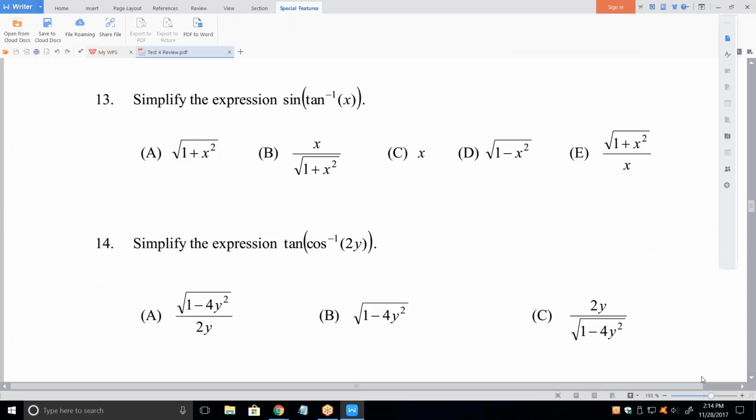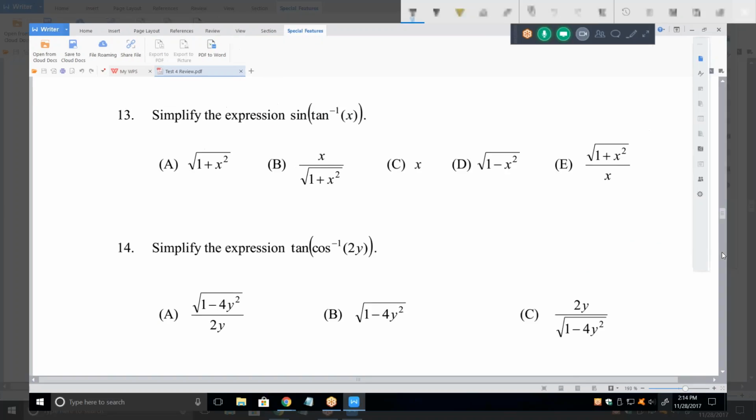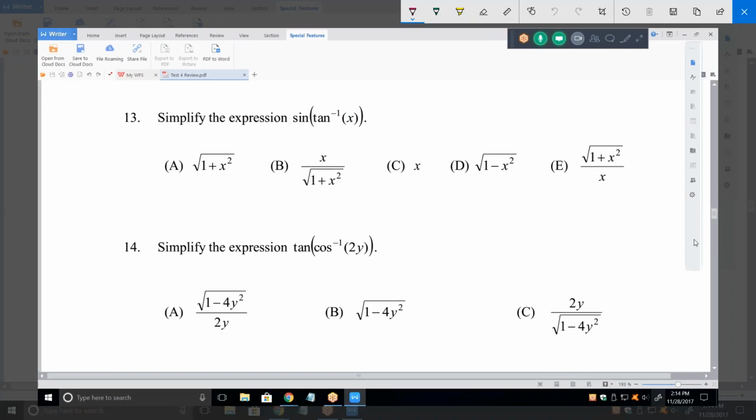All right, these are kind of interesting problems also. This is hard to explain, but I will try. The way you have to look at this problem is that it is some angle, right?